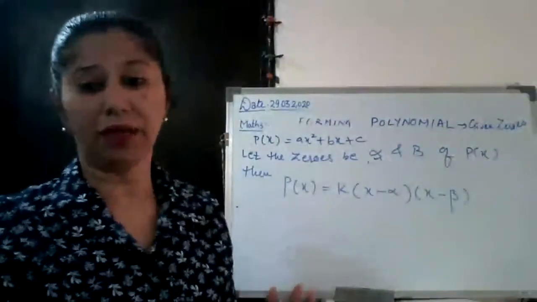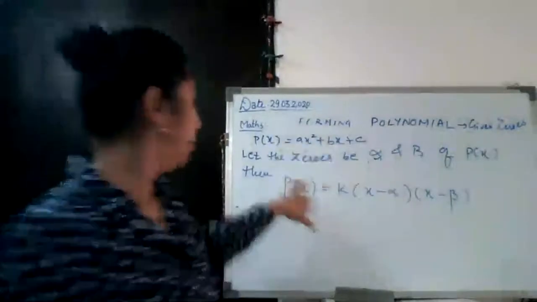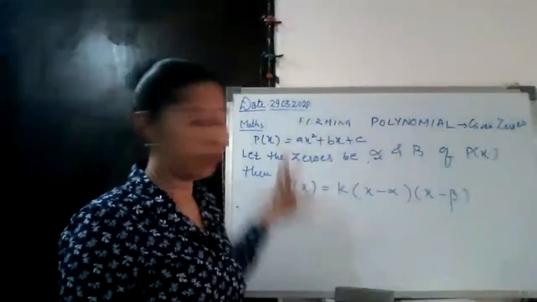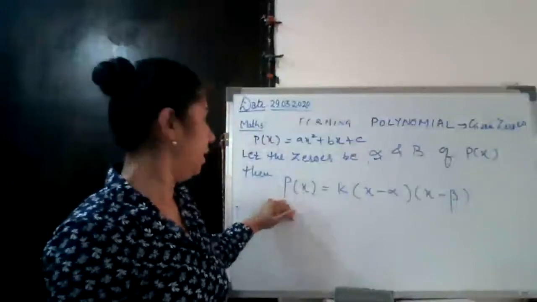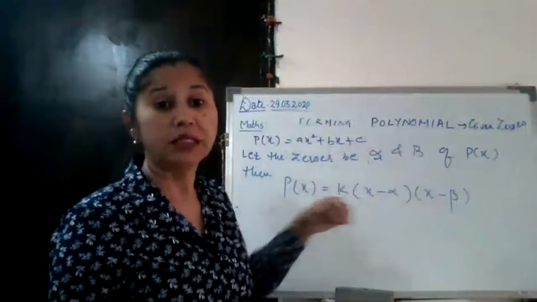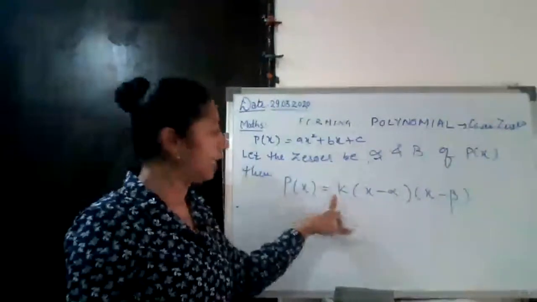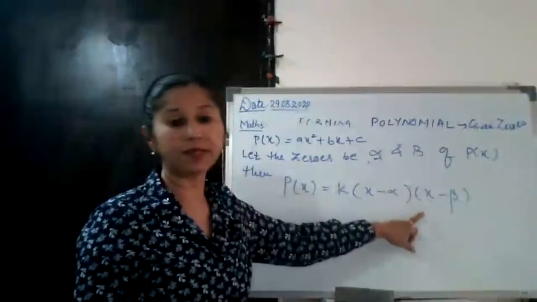Okay, so this is the formula. I just explained that for understanding the formula. To get any polynomial when we are given the zeros, suppose alpha and beta are the zeros of the polynomial, then p(x) will be equal to k times (x minus alpha) into (x minus beta).